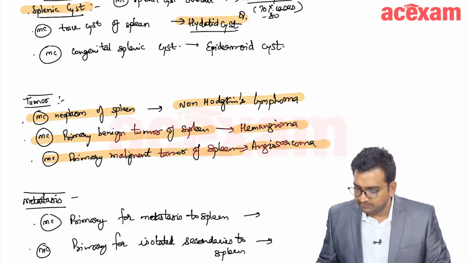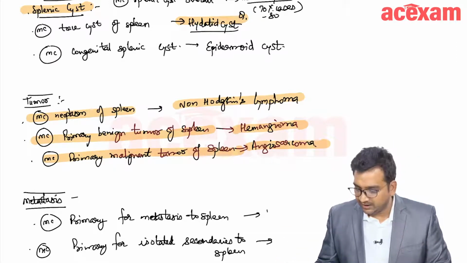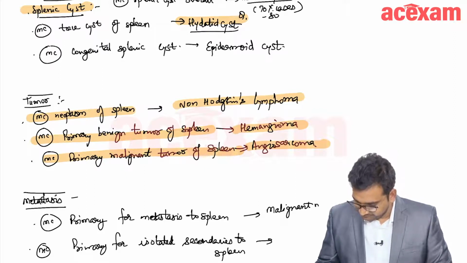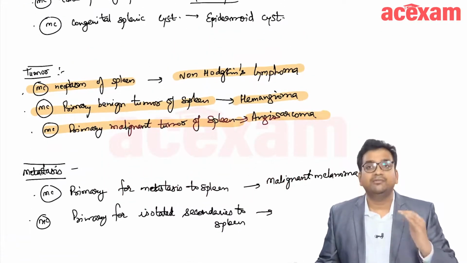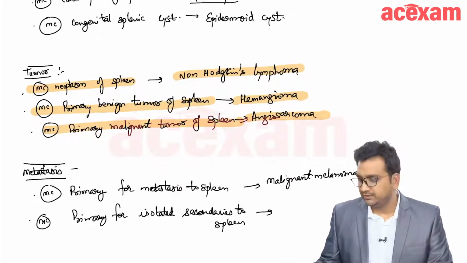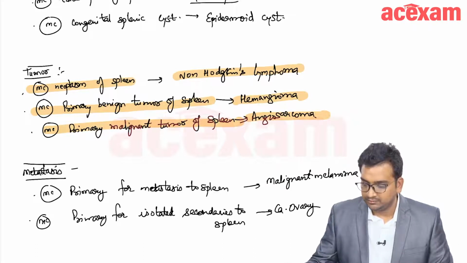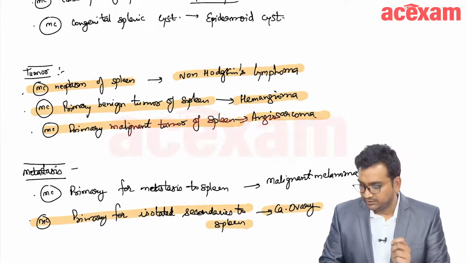The most common primary tumor for metastasis to spleen is malignant melanoma. But when we are talking about the primary for isolated secondaries, this word isolated is very important. Isolated secondaries to spleen, it is CA ovary. Okay, so this is important.